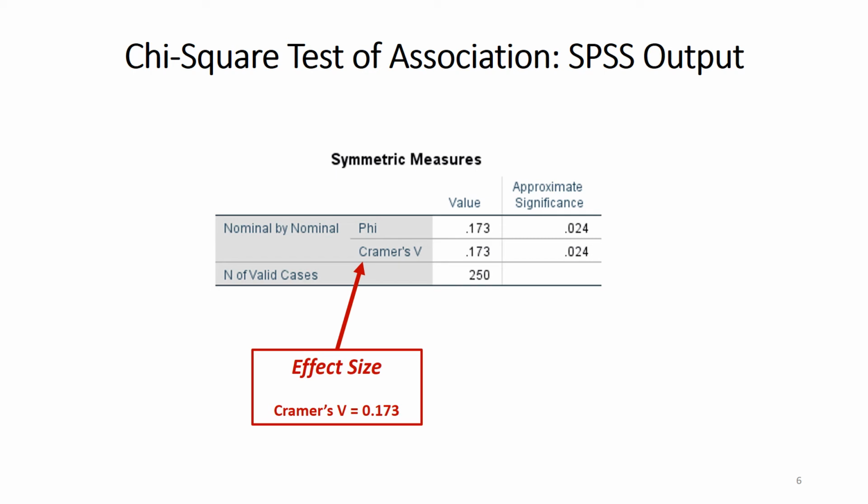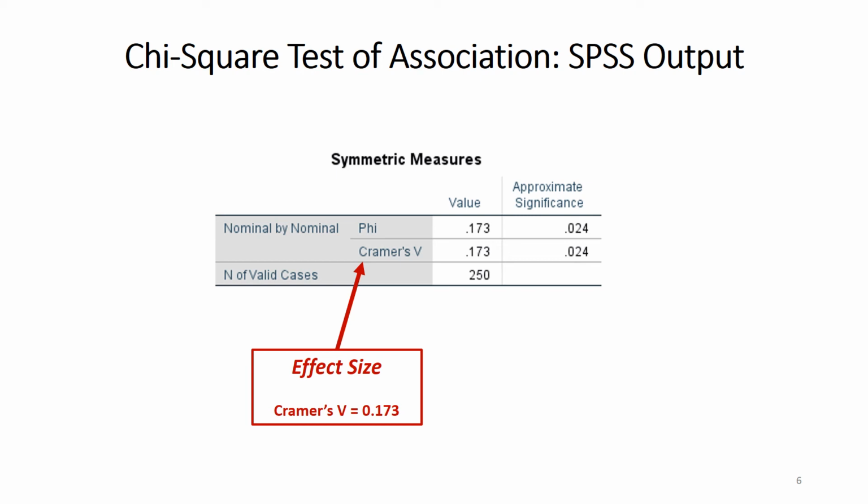Now, many textbooks will refer to phi as being your starting point for a chi-square. And in fact, you'll notice that the values produced in this particular example are the same for both phi and Cramer's V. I tend to lean towards always reporting Cramer's V because, one, in a simple chi-square like this one, where you only have 3 levels of one variable and 2 of the other, they're the exact same value.